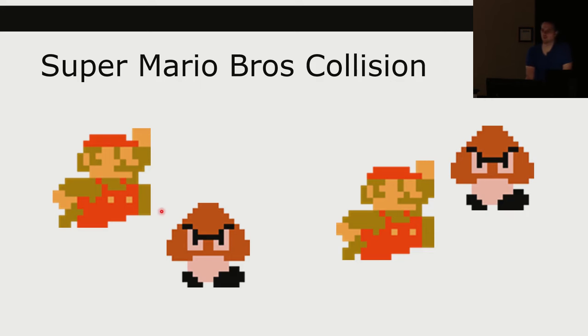If you've ever seen a Mario speedrun where they do something like this, especially with flying Koopas that are moving up and down, and Mario just comes along and jumps off the bottom of the Koopa, it's because he was moving downwards and there was a collision. So all Mario Brothers checks is if Mario is moving down. And then if Mario is moving up, for example, over here, then Mario would die on this collision or become small or whatever.